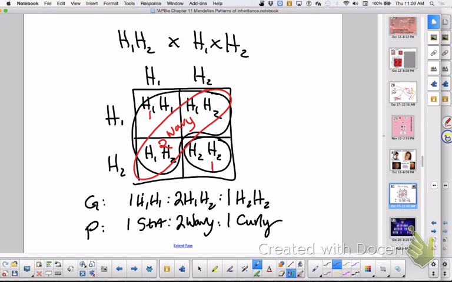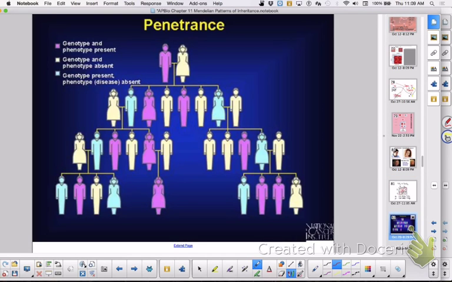And so when you look at this chart, whatever disease you're looking at, this gives you an example. The genotype and the phenotype are both present. So I see the genotype, and what's in the genotype is getting expressed in that phenotype. And they have the disease. In the yellow one, the genotype and the phenotype are absent, meaning they don't have the disease.